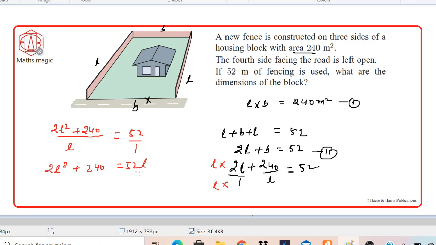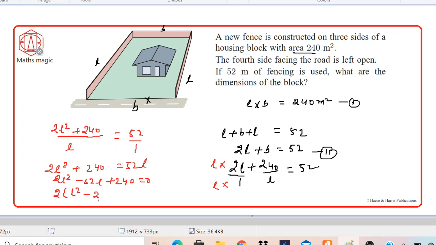Now you can shift this 52L to the left hand side, so it becomes 2L square minus 52L plus 240 is equal to 0. You can see 2 is common to this entire equation, so we can take 2 common from this entire expression.